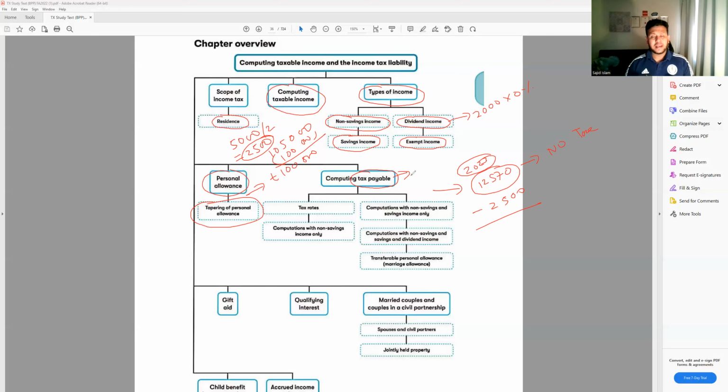For example, if I have income from my employment of 50,000, from my job I have received a 50,000 salary and I already paid £5,000 tax. So obviously I'm not going to pay that tax again. For that reason, I will calculate all the tax together and I'm going to minus this 5,000, the PAYE already paid.